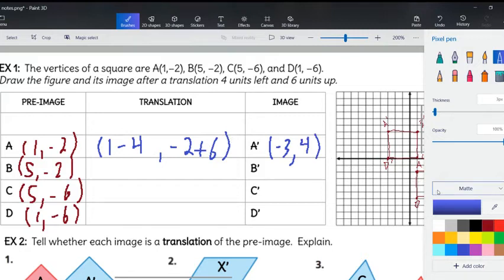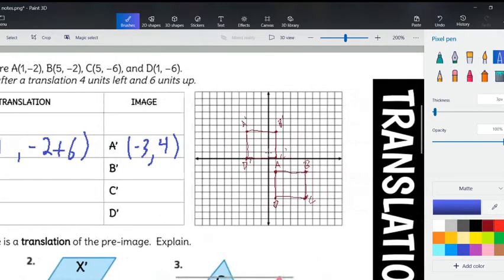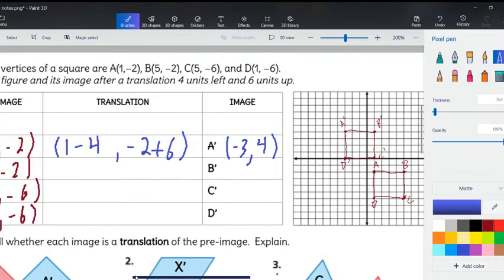-3, 4. And what we can do is we can check that by looking over here on our graph. On our graph, our point at A is at 1, 2, 3, -3, 1, 2, 3, 4, +4. So we're correct.